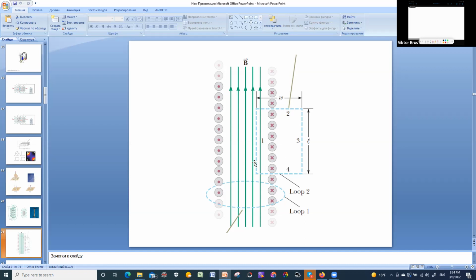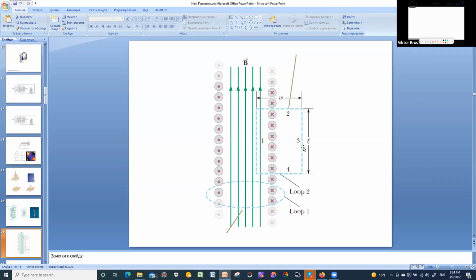So there are two more sides. There is side 1, which gives us parallel orientation of this side with magnetic field vector. That is important. And side 3.